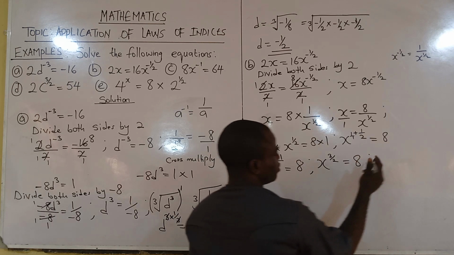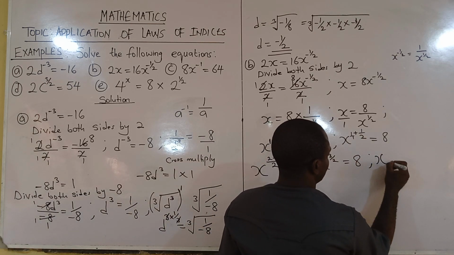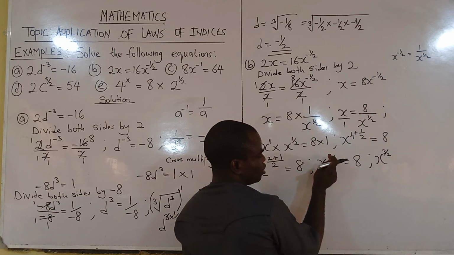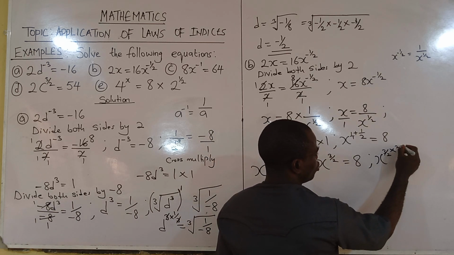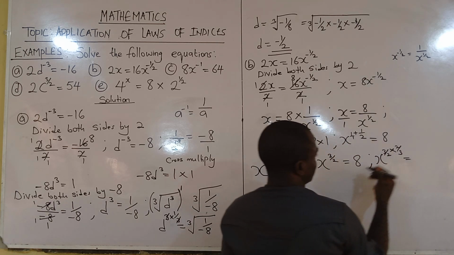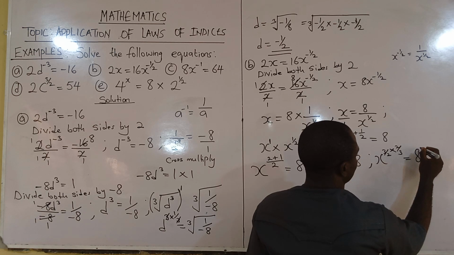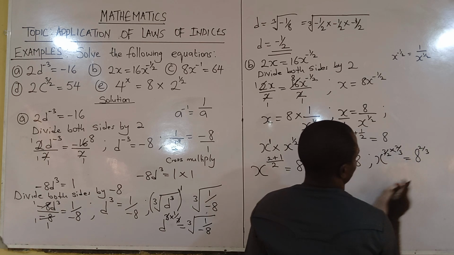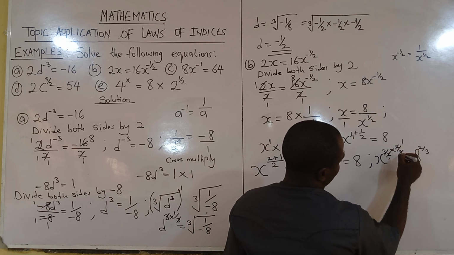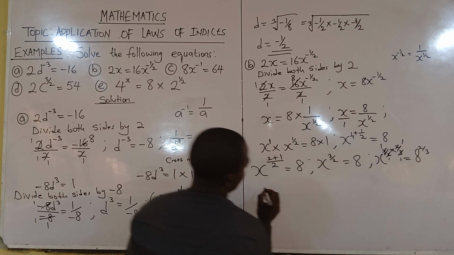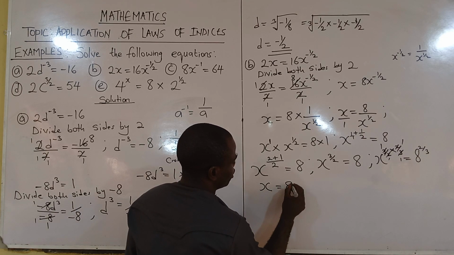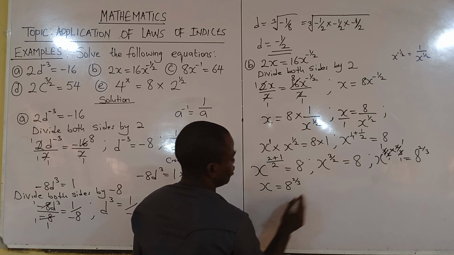Now say x raised to the power 3 over 2, times 2 over 3, so that we can cancel this out. You do the same thing to the other side: 8 raised to the power 2 over 3. Now 2 here 1, 2 here 1, 3 here 1, 3 here 1. We are left with x equals 8 raised to the power 2 over 3.